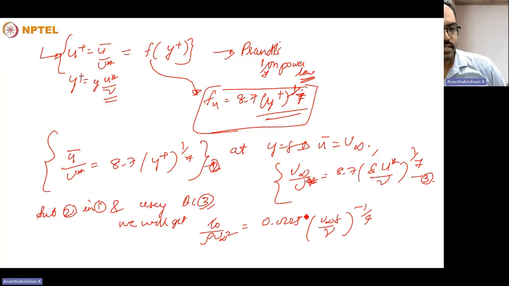And shear stress, you know the velocity profile, and the velocity profile is u infinity by u star. U bar by u star is equal to 8.7 y plus raised to 1/7. And this could be written as u infinity by u star is equal to 8.7 delta u star divided by nu raised to 1/7.